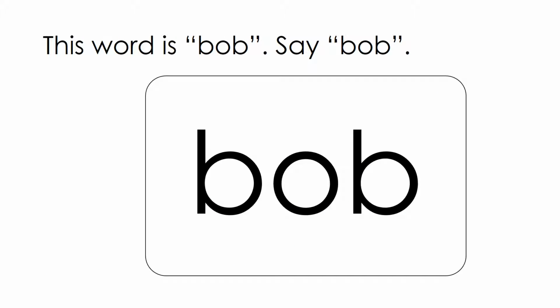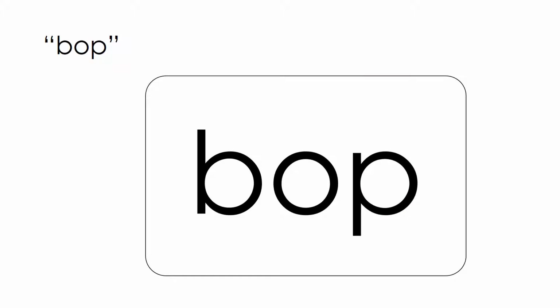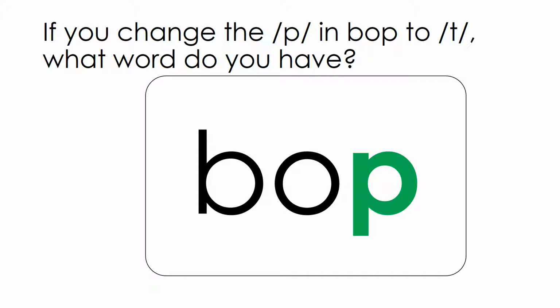This word is Bob. Say Bob. If you change the B in Bob to P, what word do you have? Bop. If you change the P in Bop to T, what word do you have?